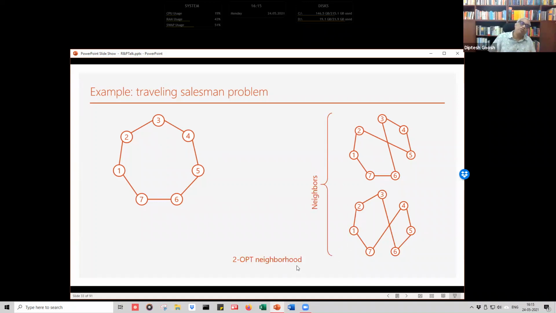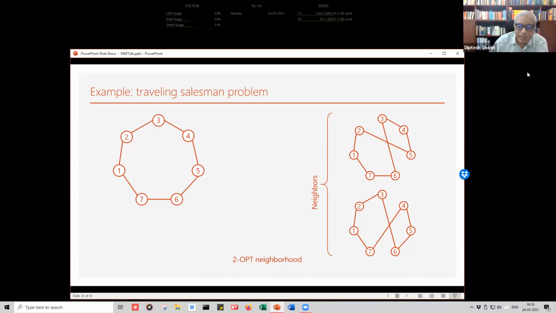This 2-opt neighborhood is one of the most commonly used neighborhoods in the study of the traveling salesman problem. Of course, you could have other neighborhoods like 3-opt neighborhood, where you take out 3 of the edges and then join the tours together. That's a little more complicated than a 2-opt neighborhood, but has a larger number of neighbors of any solution. Anyway, this is what a 2-opt neighborhood is.